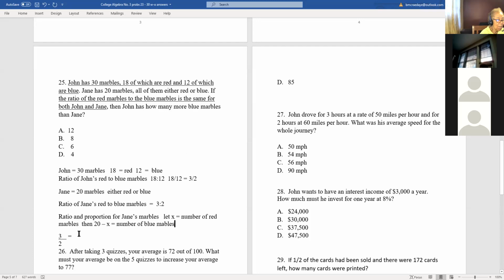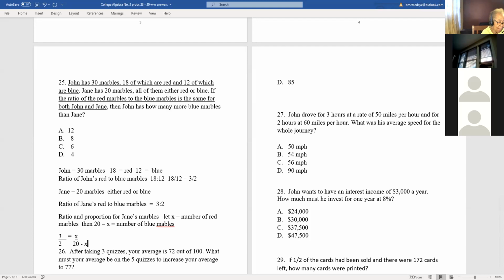That's going to be 3 over 2 equal X over what? 20 minus X. Yes, that's right.